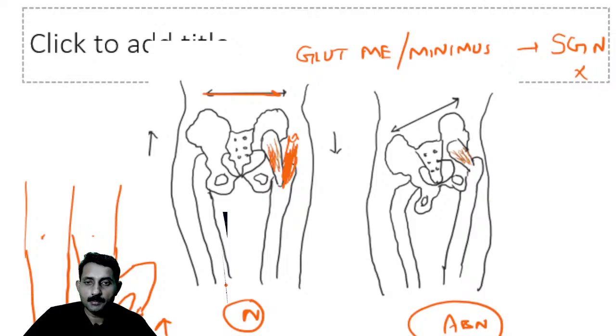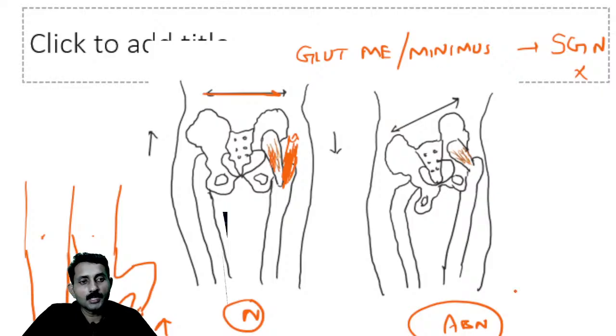Now if there is a gluteal nerve injury, which gluteal nerve? Superior gluteal nerve injury, the pelvis will tilt like this because there is no support here. These muscles are paralyzed, they cannot support. So there will be tilting. That is called superior gluteal nerve injury supplying the gluteus medius and minimus.